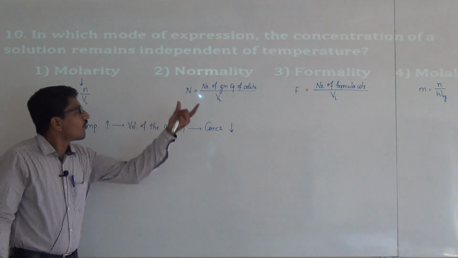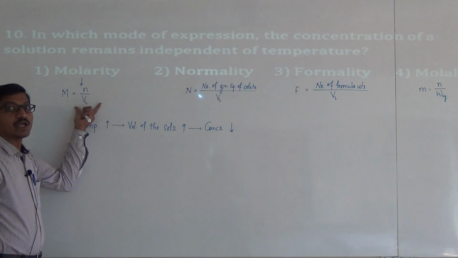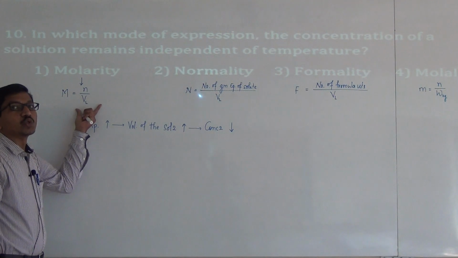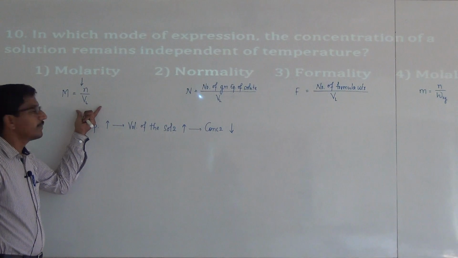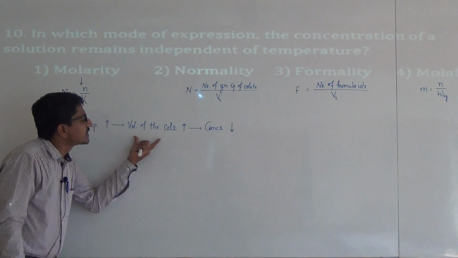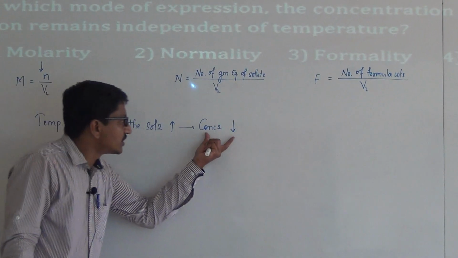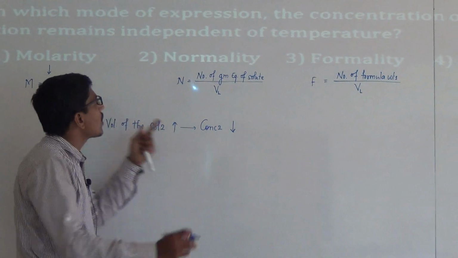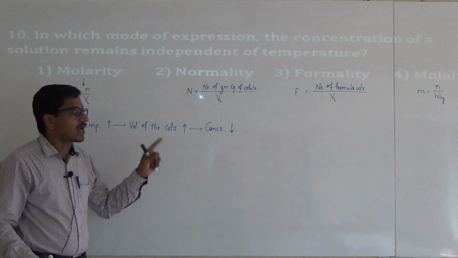Molarity, normality and formality are generally prepared in volume of the solution, and with rise in temperature there is a very slight expansion of volume of liquid, and concentration decreases. All first, second and third are temperature dependent parameters.